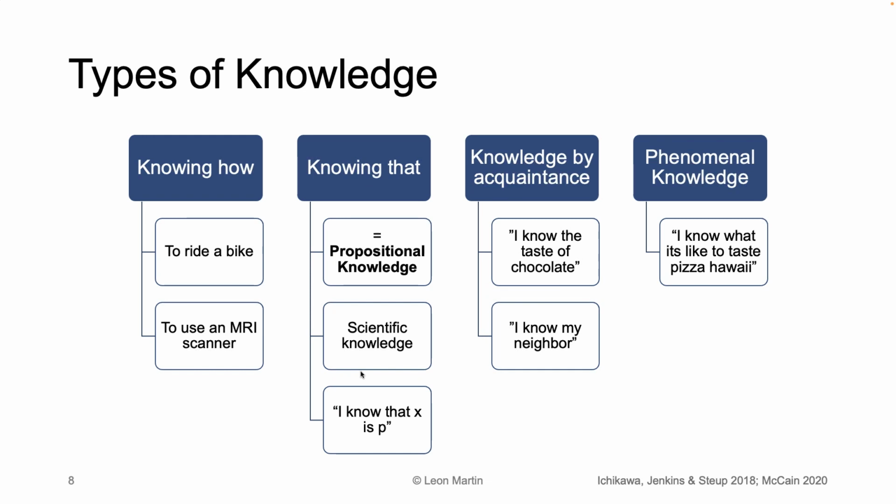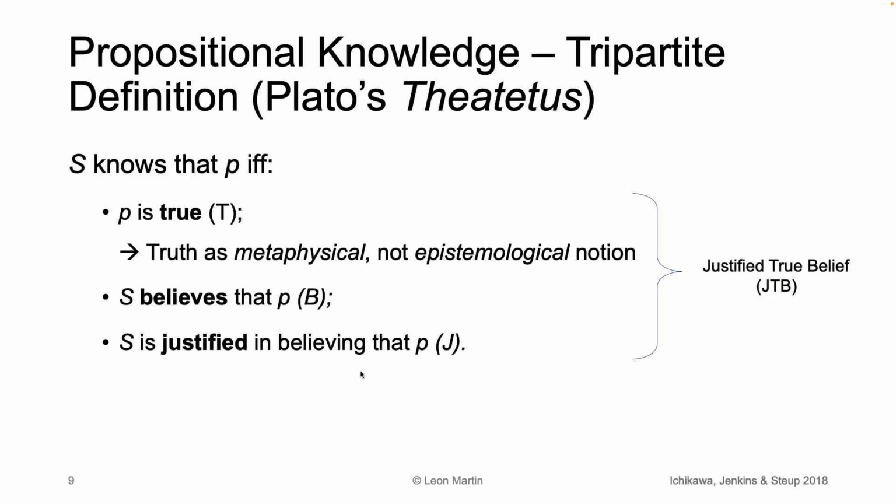So as you see, for our approach, knowing how and especially knowing that is the main focus of the talk. So the propositional knowledge: how we can store facts, how we can acquire facts, and what the necessary and sufficient conditions are for knowing facts. The definition from Plato, which I read to you in the first slides, is the so-called tripartite definition.